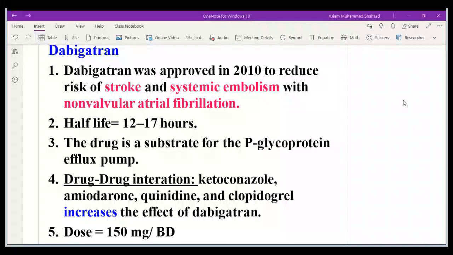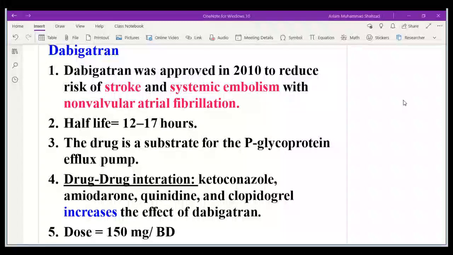As it is an efflux pump, usually what is going on, in simple words, is that the inactive form of the drug binds with the P-glycoprotein, and then the inactive form is converted into the active form, and the active form will produce the effect.